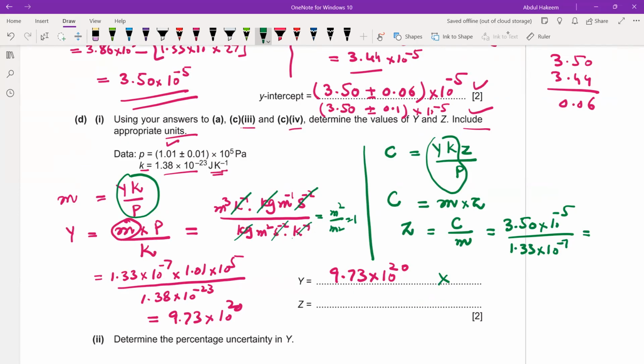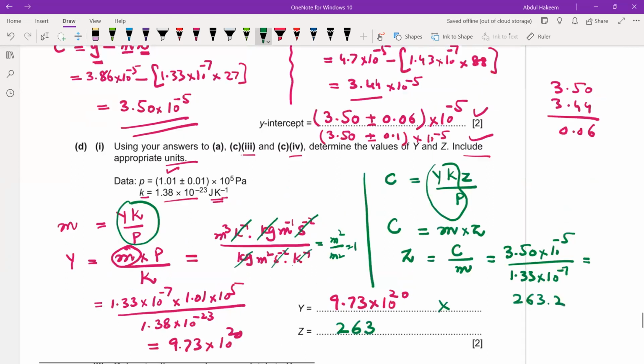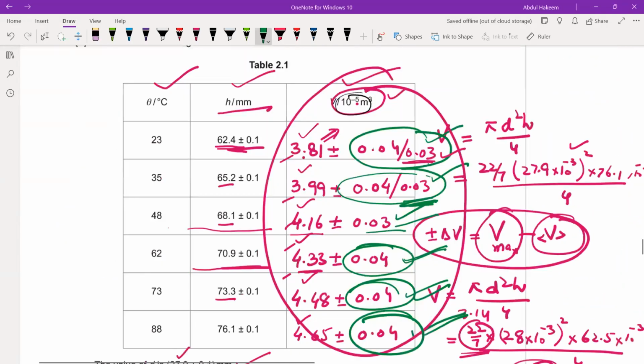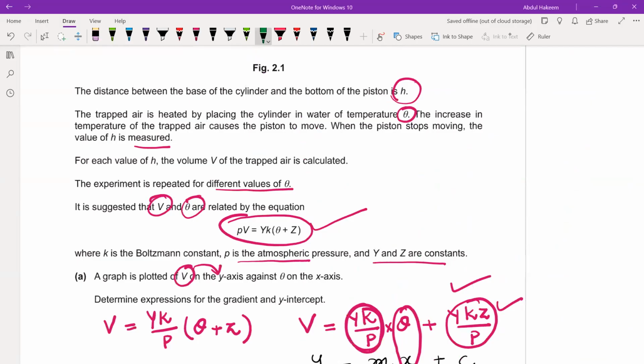So use the calculator. So the answer is coming 263.2 approximately. So we will write 263. And look, this z is added here in theta.